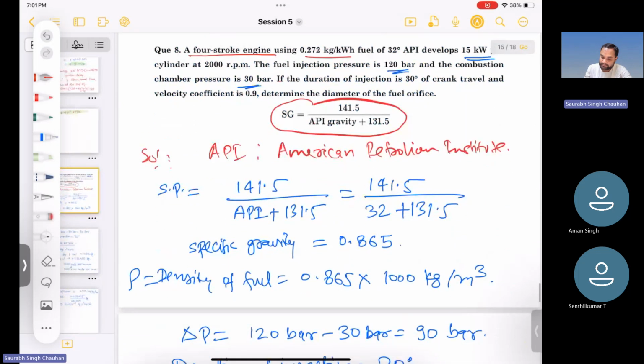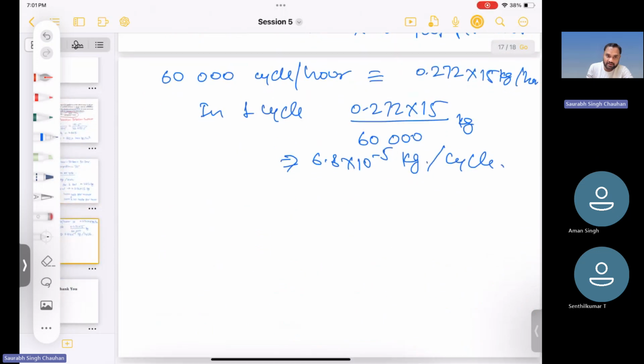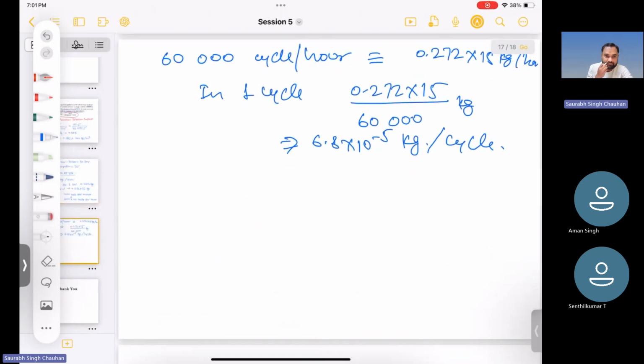Now what else? We have to find the diameter of the fuel orifice. So for the diameter, we will use the same formula, right?